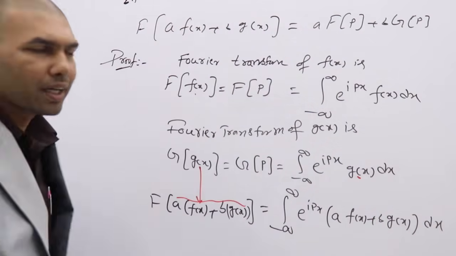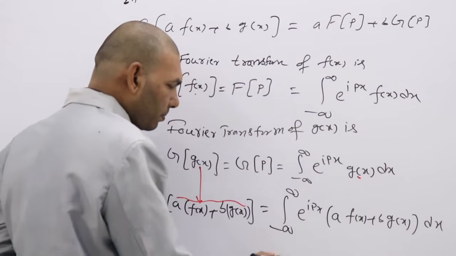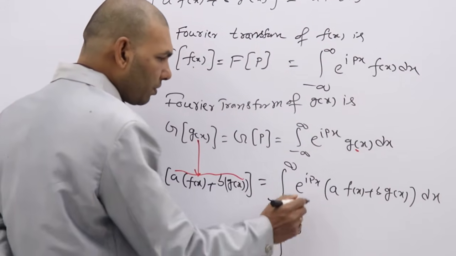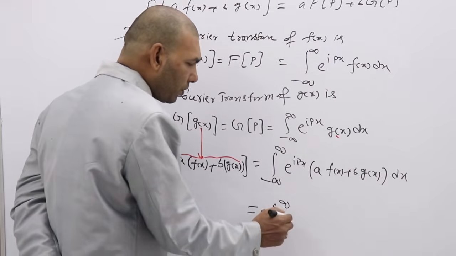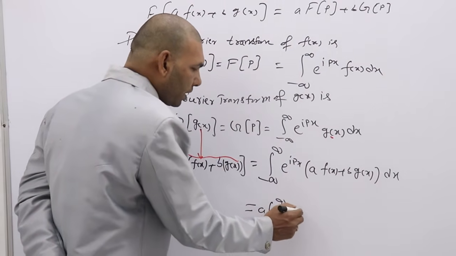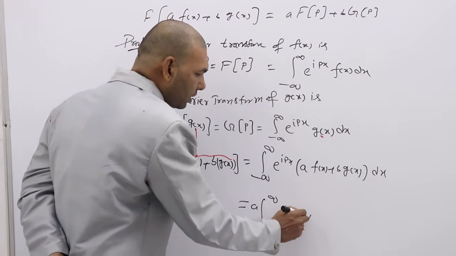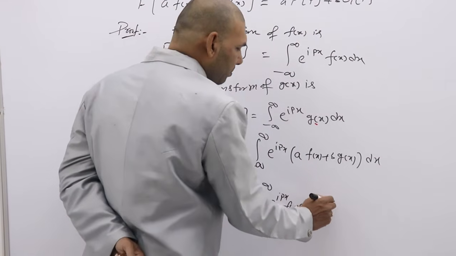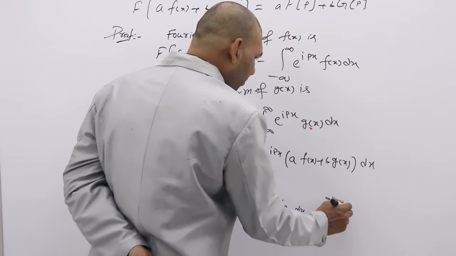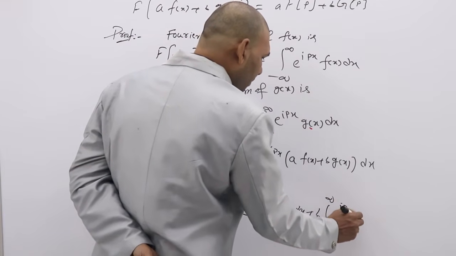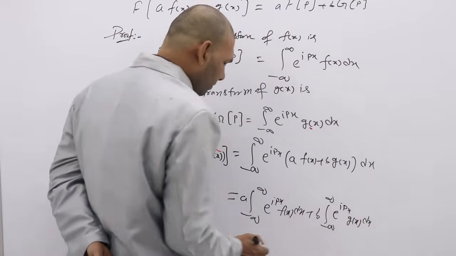Now split that integral: a times the integral from minus infinity to infinity e power ipx into f of x dx, plus b times the integral from minus infinity to infinity e power ipx into g of x dx.